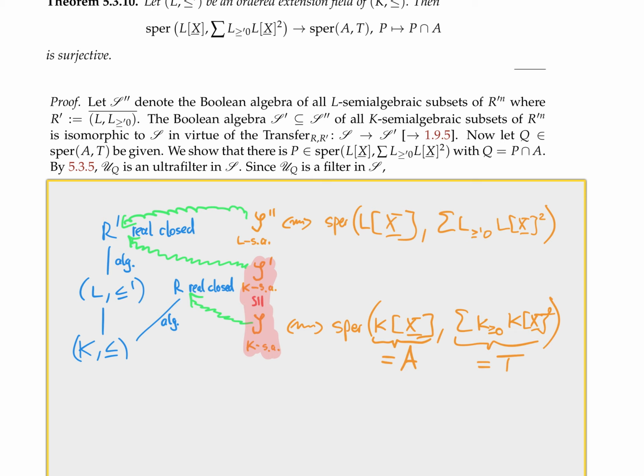So that resolves the problem that my filter sets should be subsets of R prime to the n. So that's already okay. The problem is that I'm still in the wrong Boolean algebra, because I'm looking at a Boolean algebra of just K semi-algebraic subsets, and that's not the one which can be connected to this real spectrum by Brücker's ultrafilter theorem.